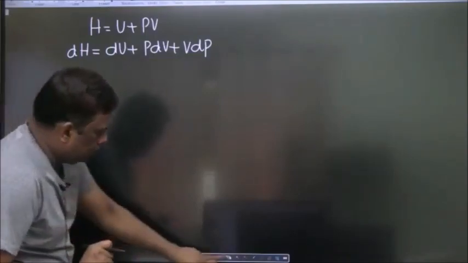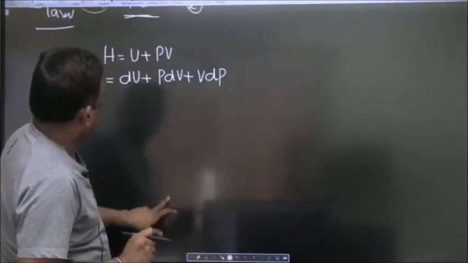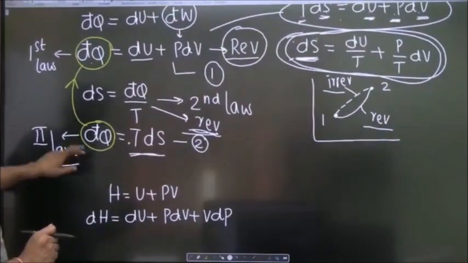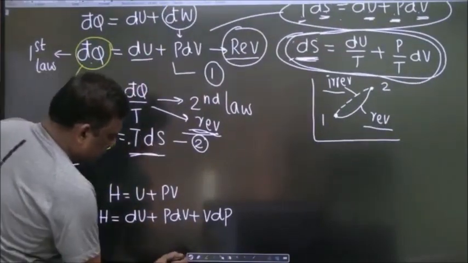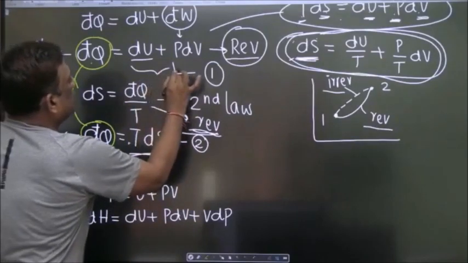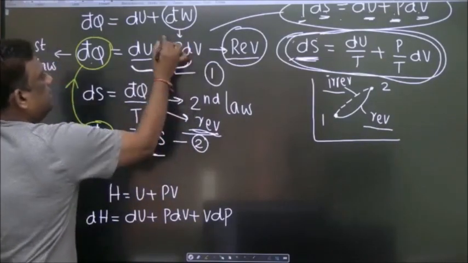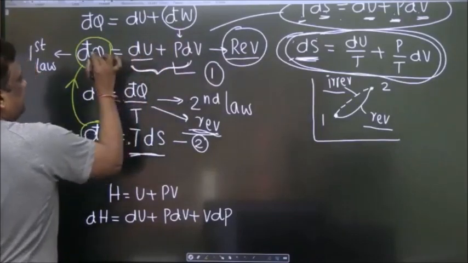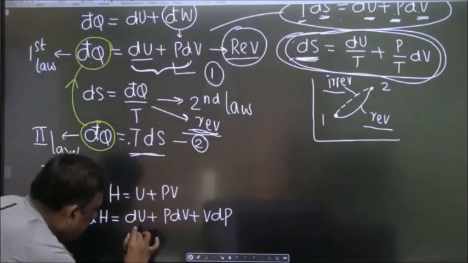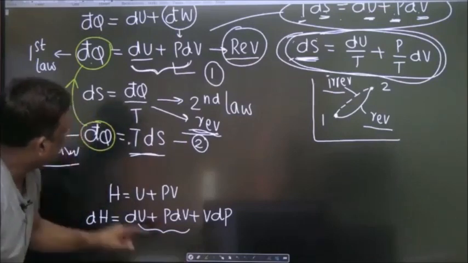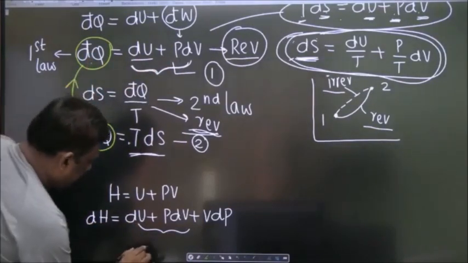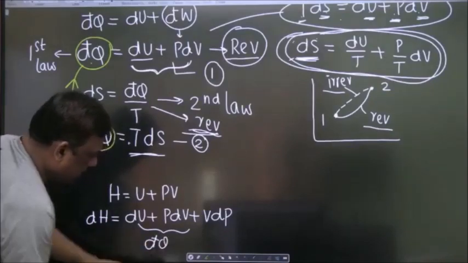Now, just now you saw, my dear students, what is du plus PdV? Du plus PdV is d'Q. So this can be written as d'Q.